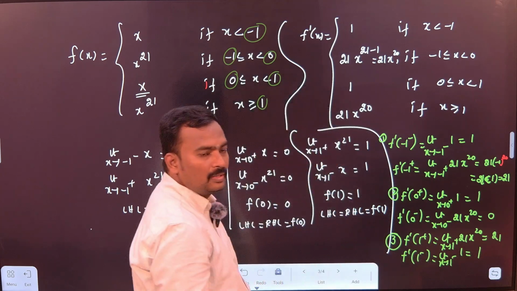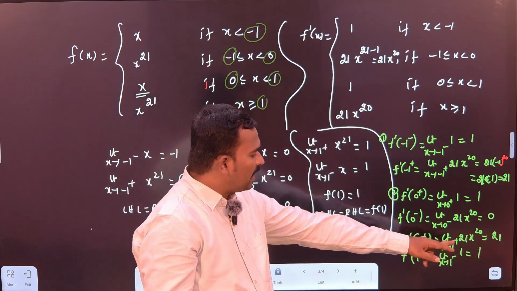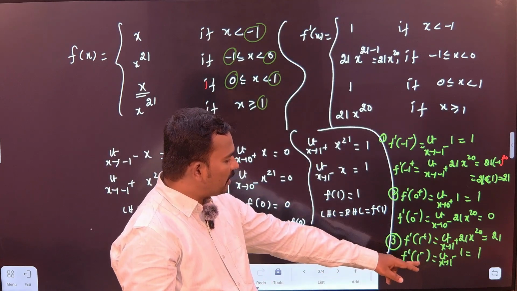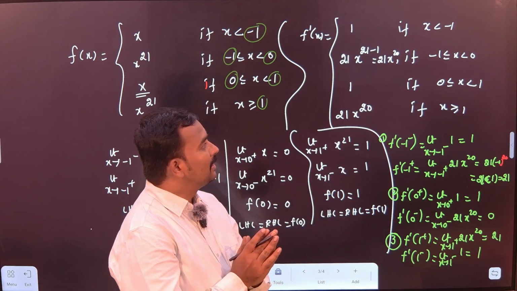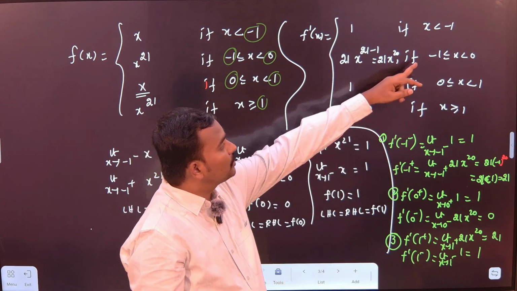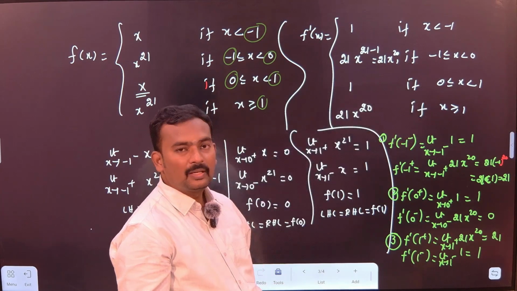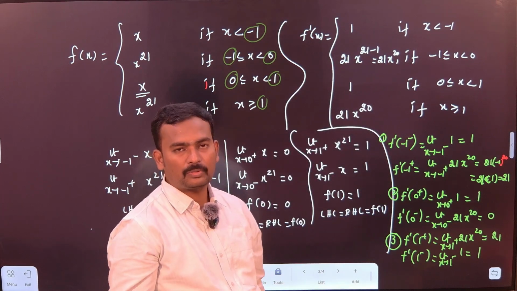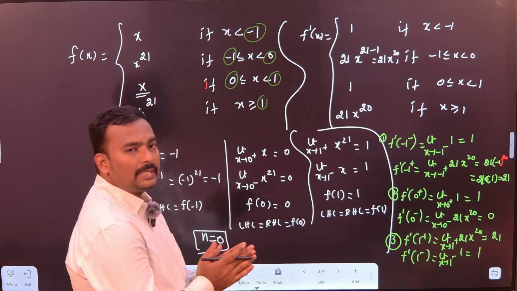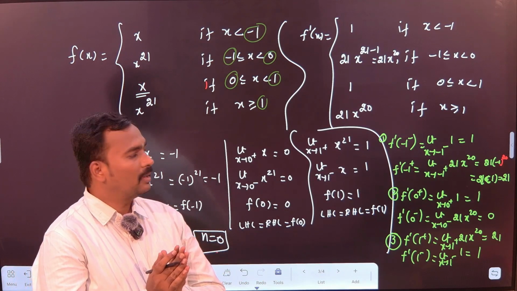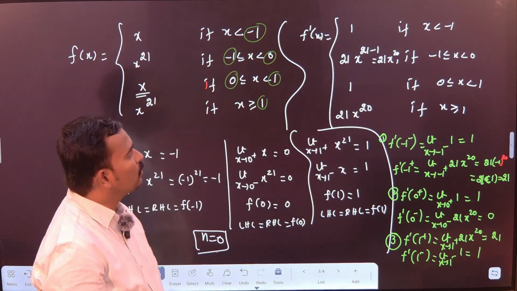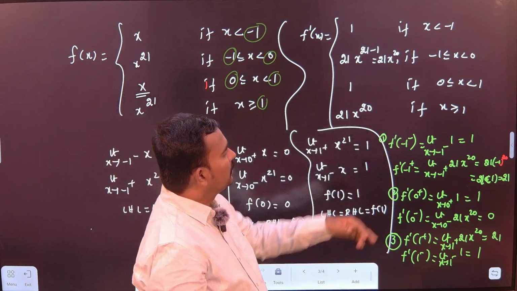You can see the right hand derivative is 21 and the left hand derivative is 1. Both are not the same, therefore the function is not differentiable at minus 1, 0, 1. 3 points are not differentiable. The function is continuous everywhere and not differentiable at 3 points, minus 1, 0 and 1, right?